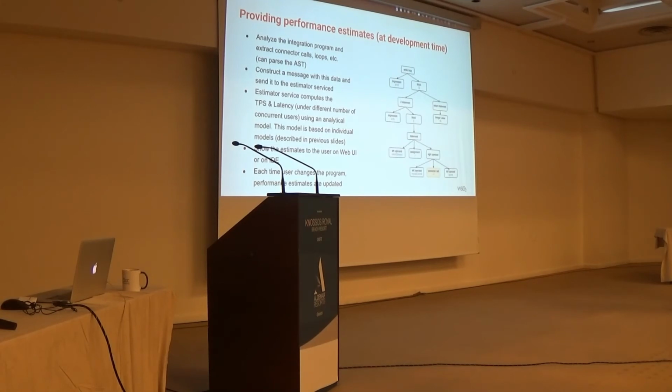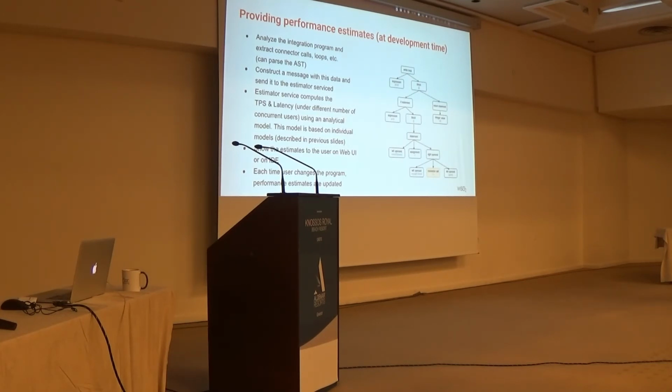Okay, so let's try to understand what happens there. To get the performance estimates for the service, you have to actually parse the program. You need to understand what sort of connectors are there, right? You can't just get the performance just like that. And if you have a for loop which is calling a connector multiple times, then you need to know that there's a for loop.